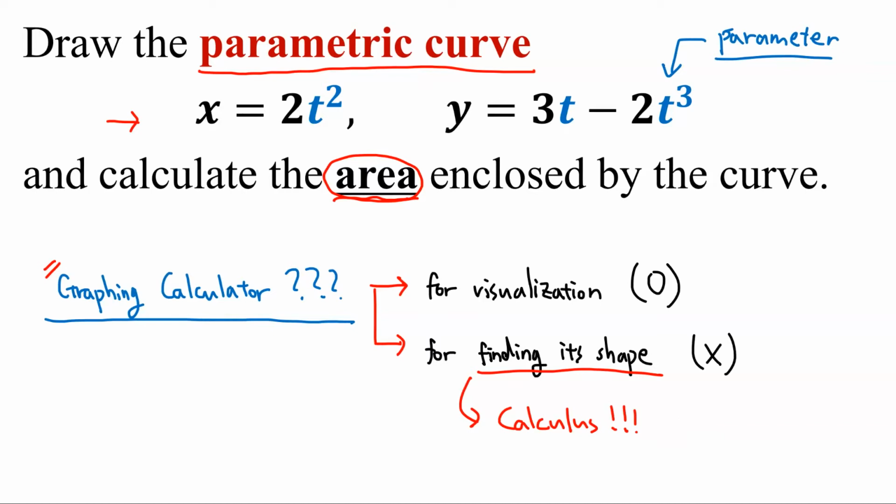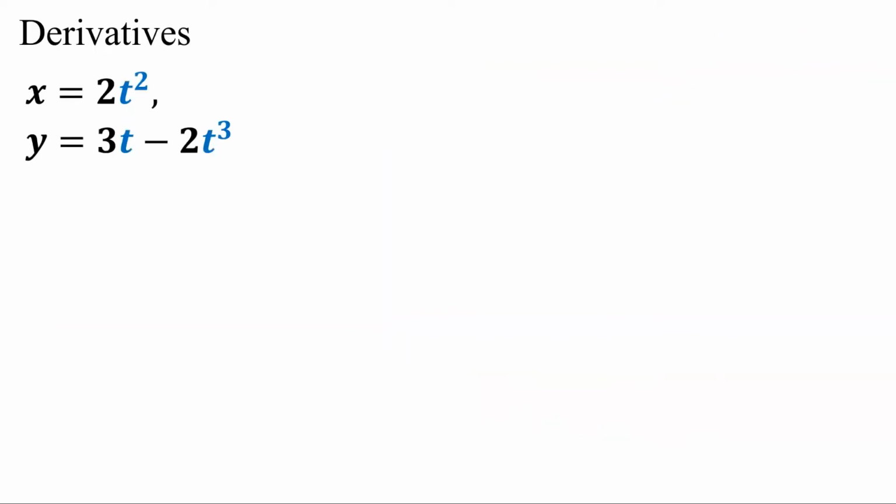So first, we must investigate the increase and decrease of the curve. So we need a derivative. Here, the derivative of the parametric curve can be obtained like this. The derivative of y with respect to x, which means the slope in the graph, can be calculated as dy over dt over dx over dt.